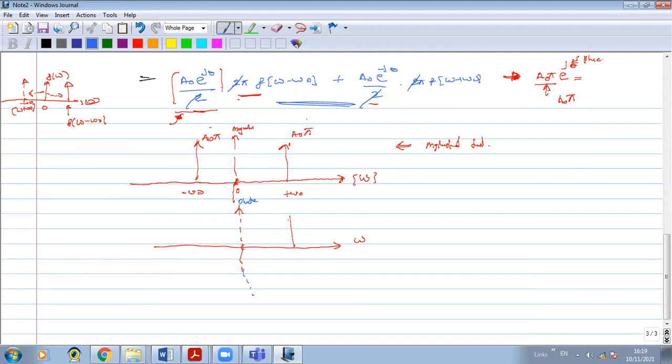For this impulse, the phase is plus theta, and for the impulse at the shifted position, the phase is minus theta. So this is the magnitude plot and phase plot.